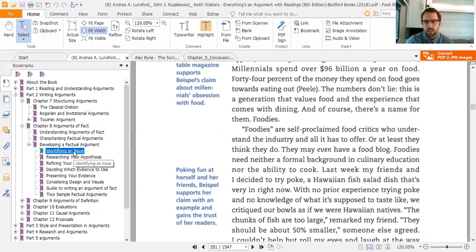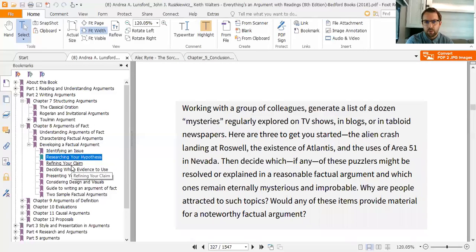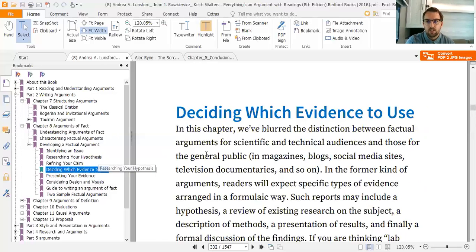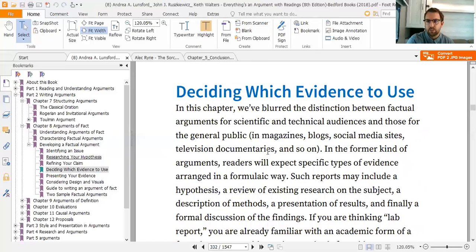So the identifying an issue, researching your hypothesis, and refining your claim, those three sections before deciding which evidence to use, start to describe how the distinctions are made between the different types of factual evidence: factual evidence for science versus factual evidence for a general public. You're going to have to think about, for your fuse, what distinctions you'll be bringing to bear.